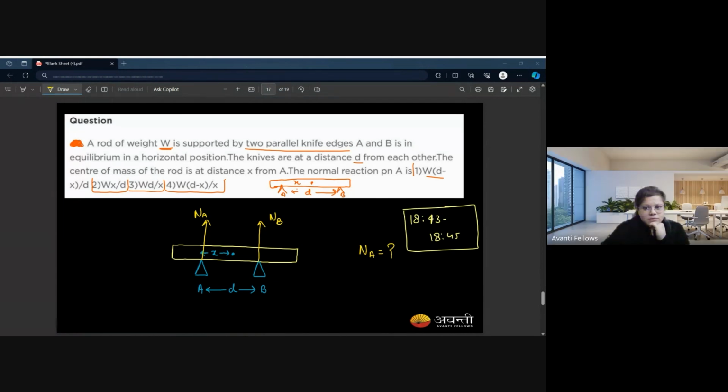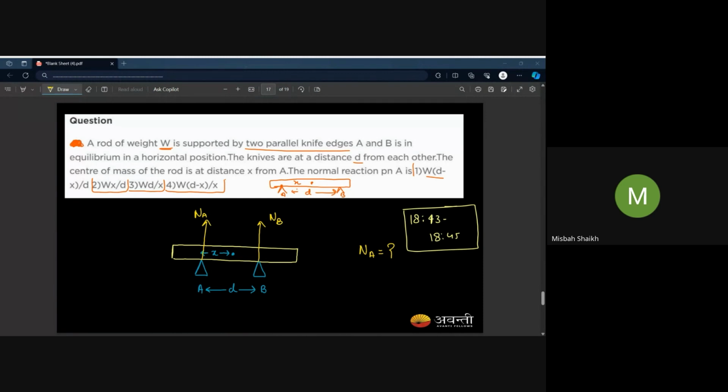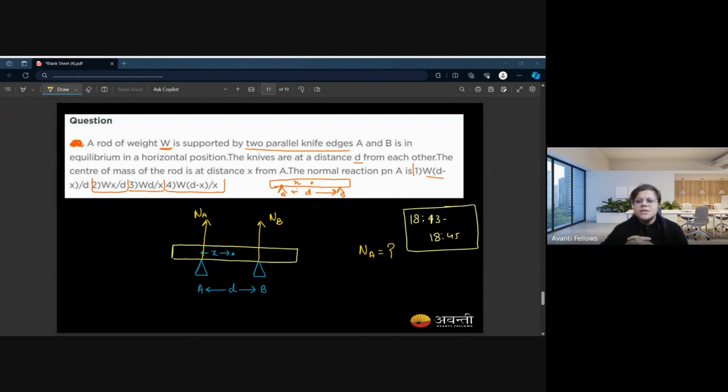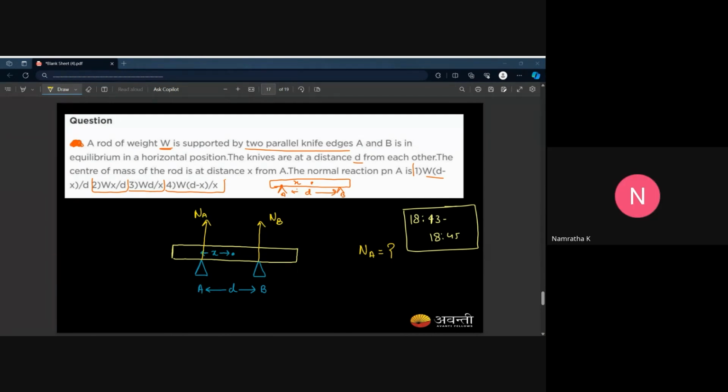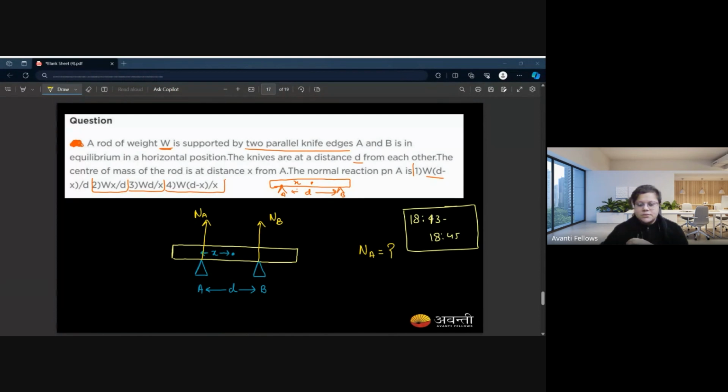Ma'am, N1x is equal to N2 in bracket D minus x, and N1 plus N2 is equal to W. Hence, N1x is equal to in bracket W minus N1. Why you use W in the expression, Misbah? Namrata, can you unmute yourself? Explain me the question.